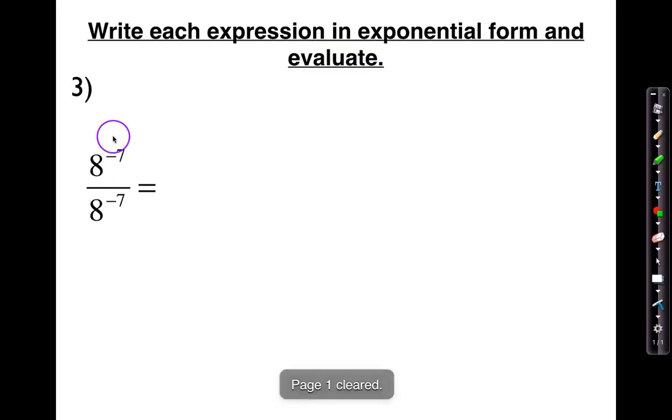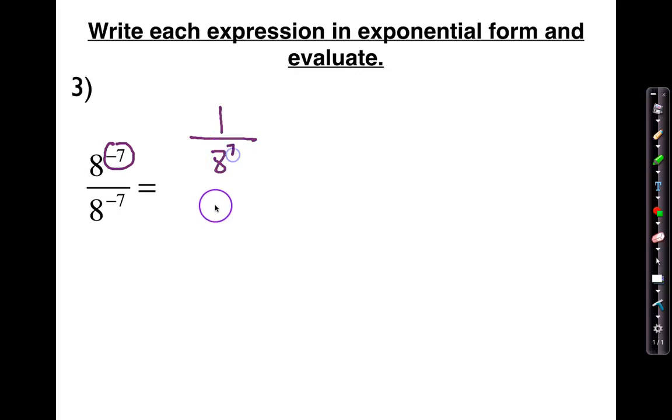So now looking at number 3, here we have another negative exponent. So what I'm going to do is do repeated division. So it's 1 over 8 to the 7th power. And here yet we have another negative exponent, so we're going to write it as 1 over 8 to the 7th power. What does this all mean?